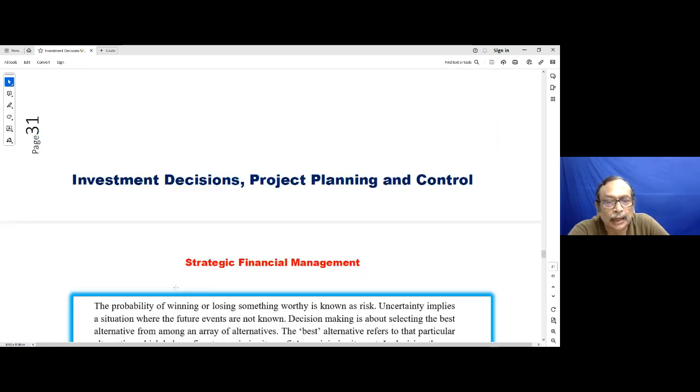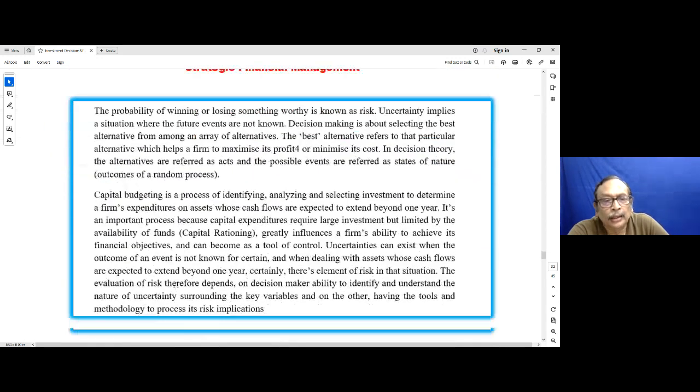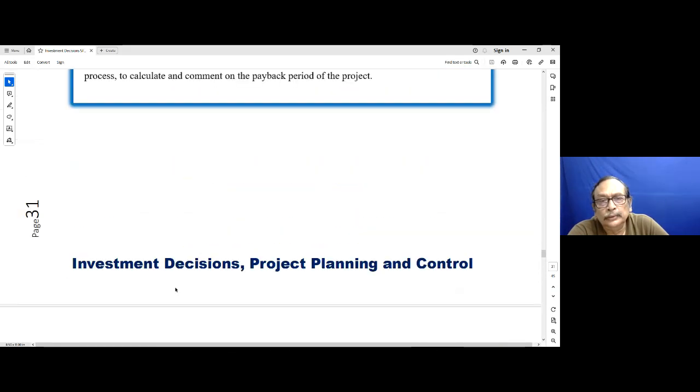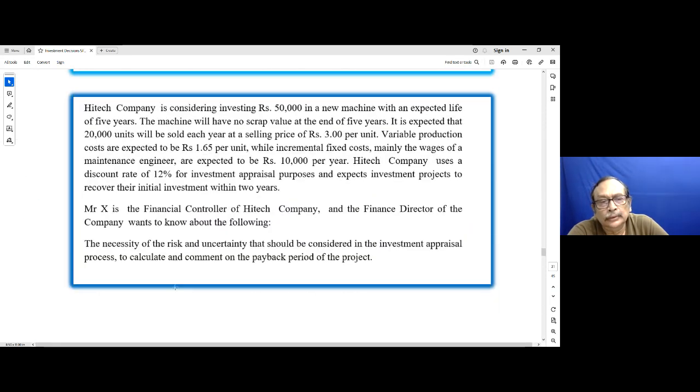Okay. Now, what is our intention here? High-tech company uses a discount rate of 12% for investment appraisal purposes and expects investment projects to recover their initial investment within 2 years.